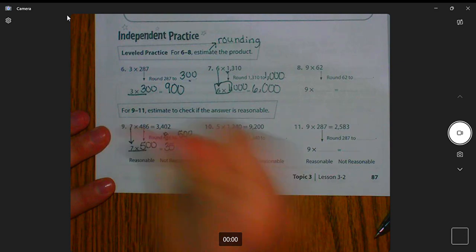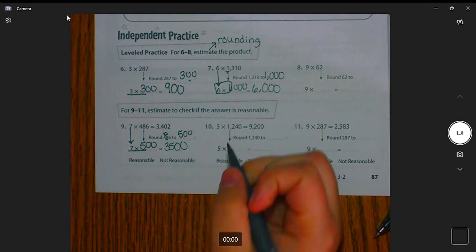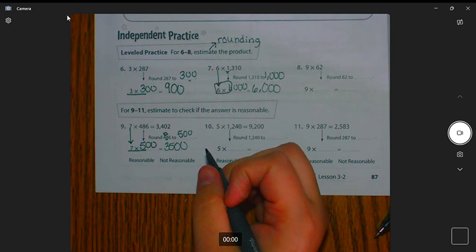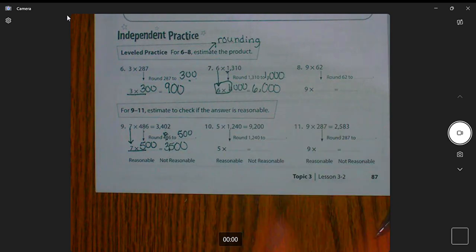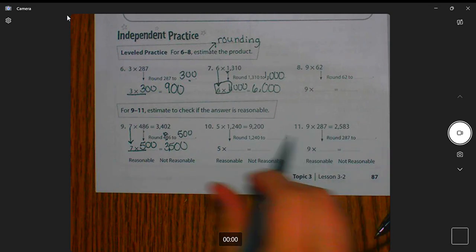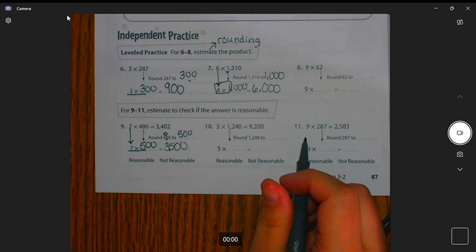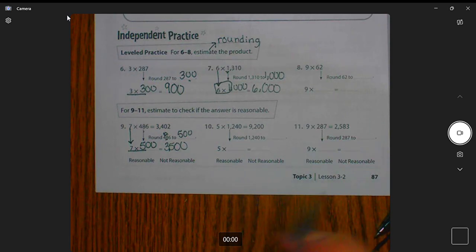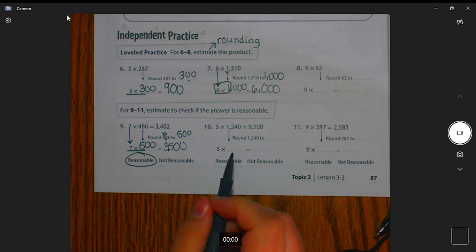I multiplied by 100, so I have 2 zeros left. So would it be reasonable or not reasonable to say that 3,500 is close-ish to 3,402? Is this reasonable to say, or is it not reasonable to say? You're right, it's reasonable. And the reason is that it's only 98 off. So when you're multiplying, that's pretty close.